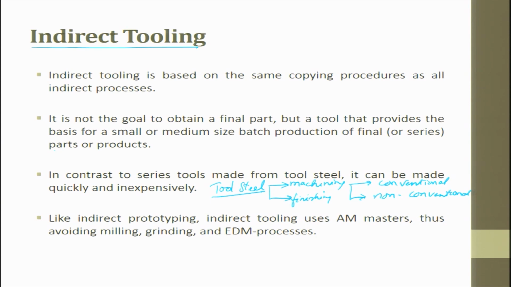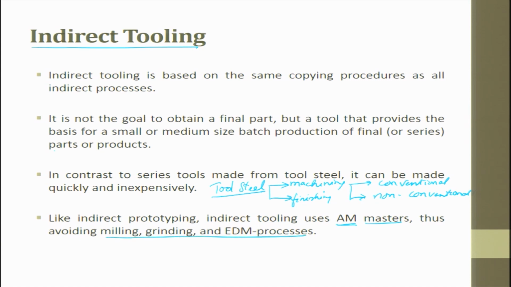People are trying to get out of this problem, but compared to tool steel going through the conventional route, if we get it done by the additive manufacturing route, it is made very quickly and inexpensively. Like indirect prototyping, indirect tooling uses additive manufactured masters, thus avoiding milling, grinding and other EDM processes.